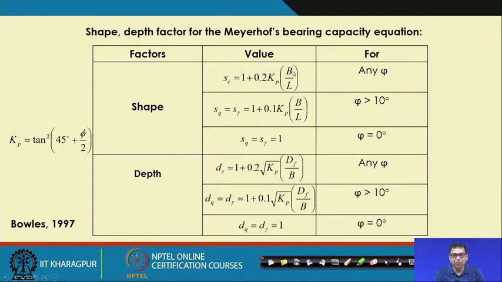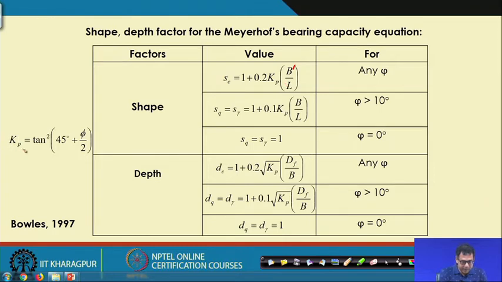As we are using it for eccentric loading, instead of B we will use B dash, and as L dash is equal to L, we will keep L. If there is an L dash also, then you have to use B dash and L dash both.